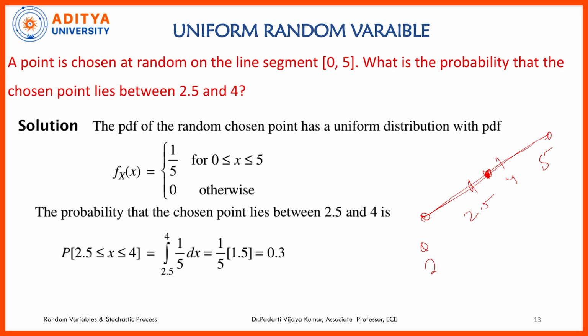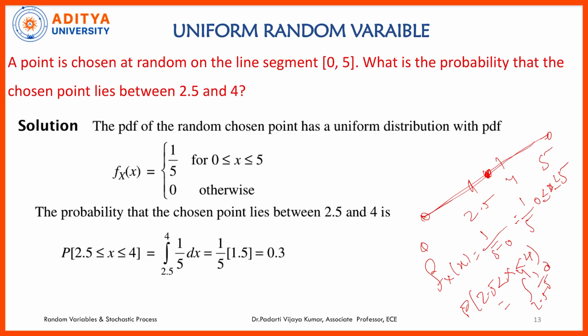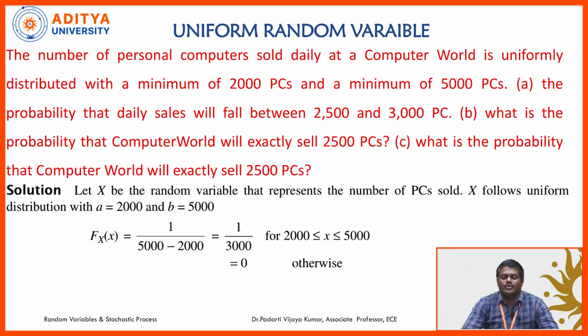So the density is 1/(b minus a), 1/(5 minus 0), 1/5, since the line segment range is from 0 to 5. The probability that a randomly chosen point comes between 2.5 to 4: 2.5 to 4 comes under the range of 0 to 5. So we can use the integral of 1/5 dx. We will get 0.3. Next one.